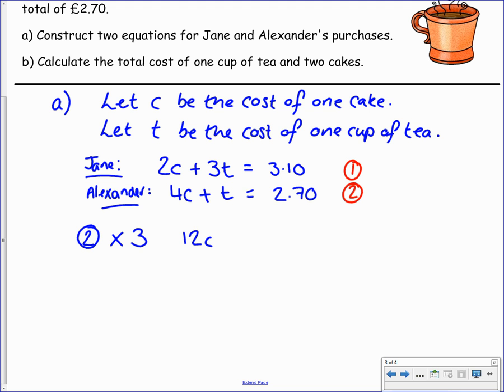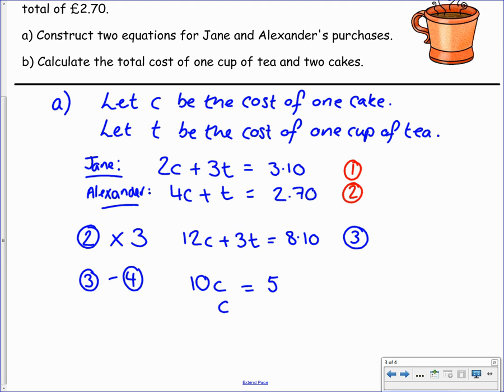That would give us 12c plus 3t equals 810. That can be equation 3. Now we've got the same signs, so we're going to subtract. We want to do equation 3 take away equation 4, seeing as it has the biggest c value. That leaves us with 10c equals 5.